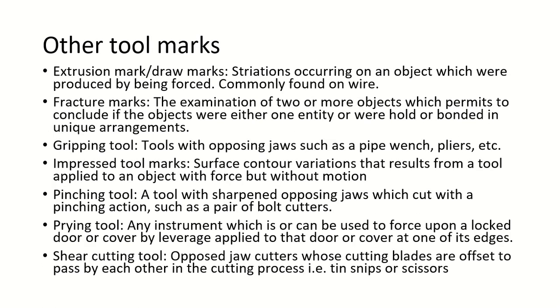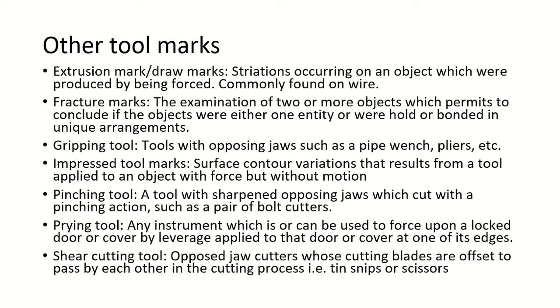Other tool marks: extrusion or draw marks, these are the striations occurring on an object because of being forced. These are commonly found on wire when we pinch the wire with pliers and scrape it off. Another type is fracture marks.